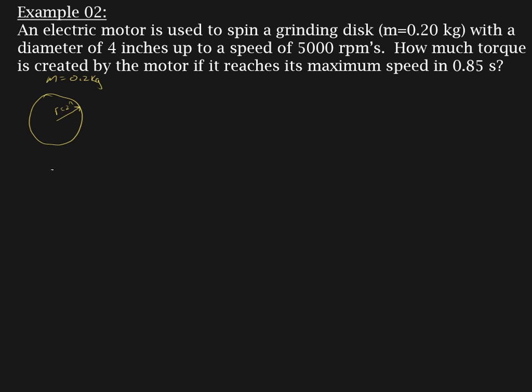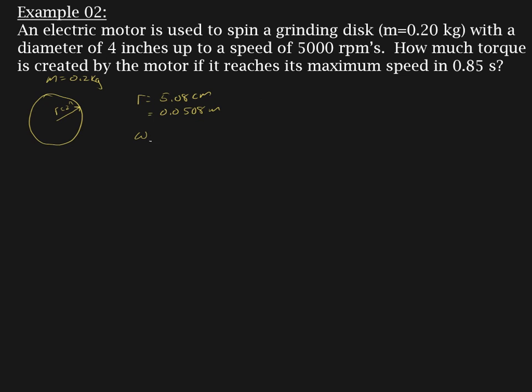So we're going to say that our radius is going to be equal to 5.08 centimeters, which becomes 0.0508 meters. Now, this 5,000 RPMs is omega. It's just not in radians per second, so we're going to have to convert this.